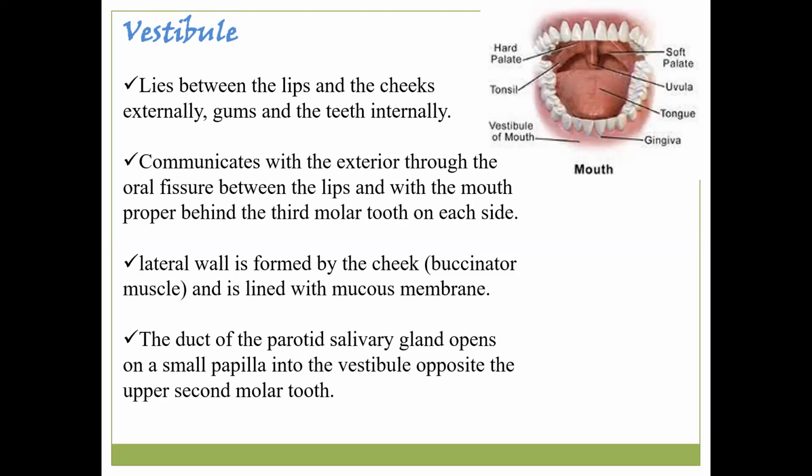This is important because if someone comes to you with bleeding or pus discharge in the area opposite the upper second molar tooth, you have to think about something wrong with the parotid salivary gland. That is the importance of knowing the place of opening of this parotid duct.